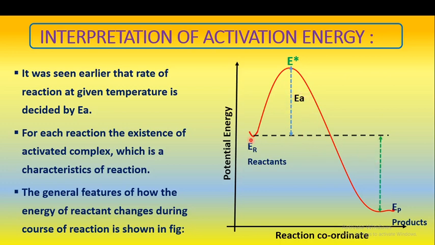The difference between the energy of reactant, ER, and EP is called delta E, and delta E is EP minus ER, where EP is the energy of product and ER is the energy of reactant. Thus the interpretation of activation energy is done by this graph, by plotting potential energy against reaction coordinate.